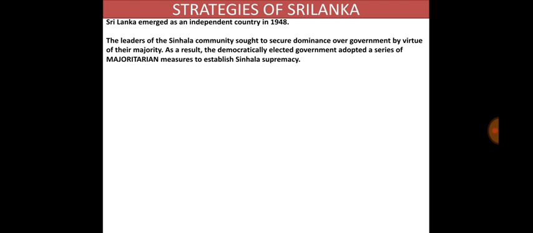They started to work for dominance. They initiated policies by which they could dominate the larger population. As a result, they started to devise new strategies by which they could establish their majoritarian government or the supremacy of the Sinhala community.